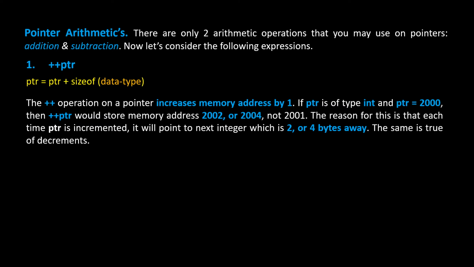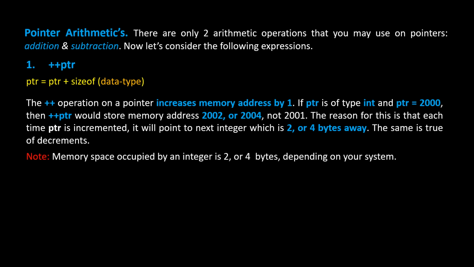If ptr is of type int and ptr equals 2000, then ++ptr would store memory address 2002 or 2004 and not 2001. The reason for this is that, each time ptr is incremented, it will point to the next integer which is 2 or 4 bytes away. The same is true of decrements. Note that, memory space occupied by an integer is 2 or 4 bytes, depending on your system.